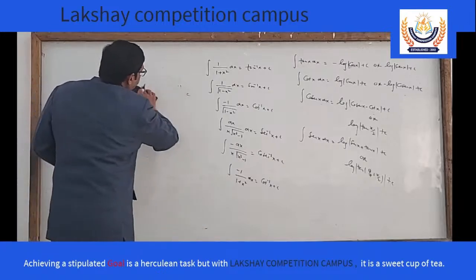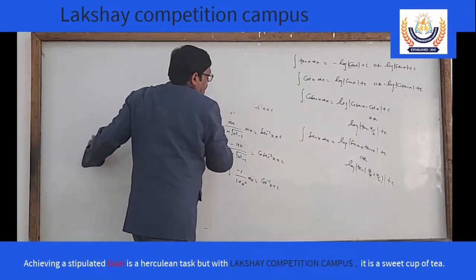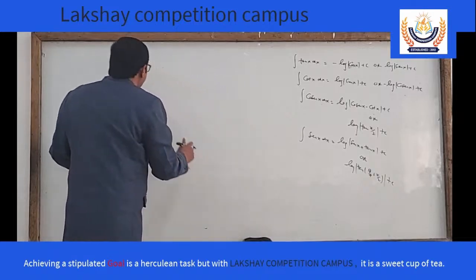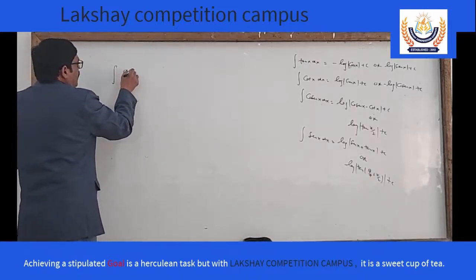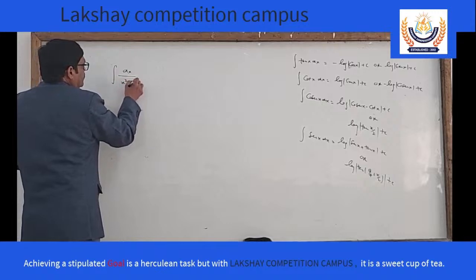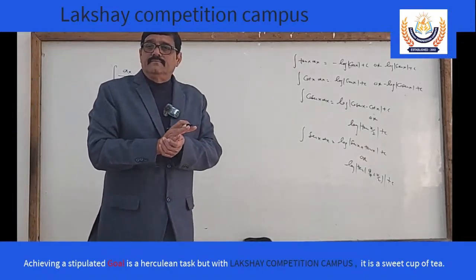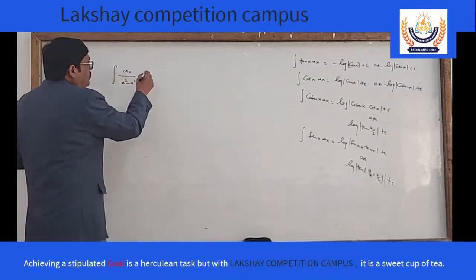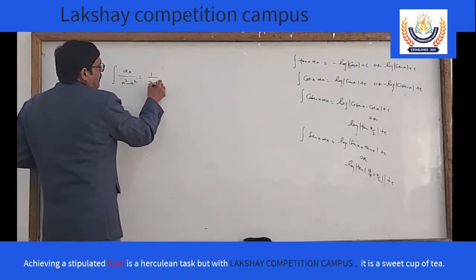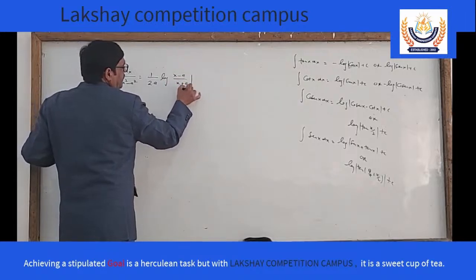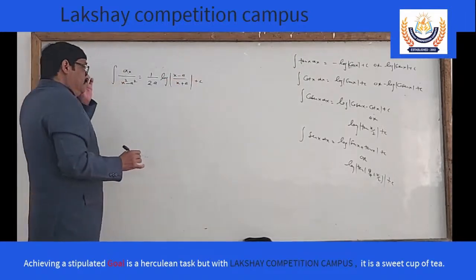Integration of 1 upon x square minus a square. What is the formula? 1 by 2a log of x minus a upon x plus a, plus constant.